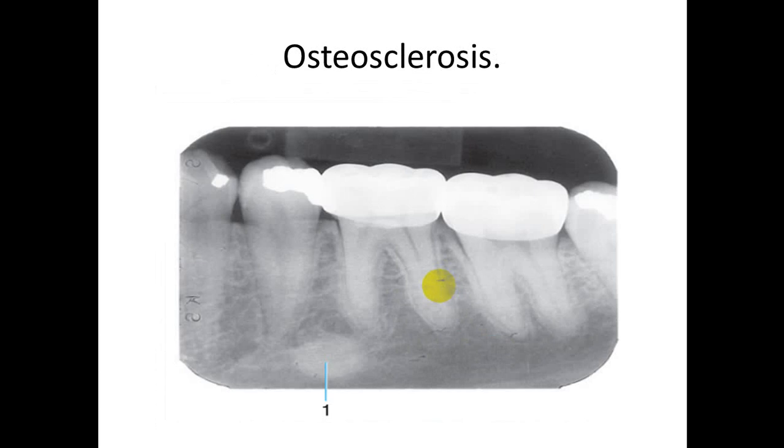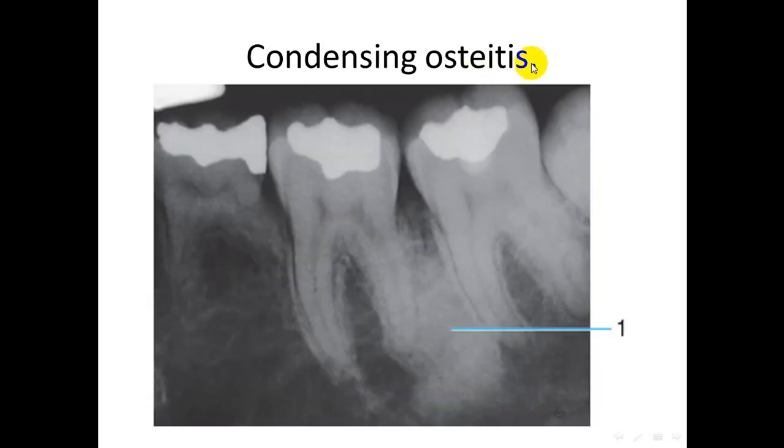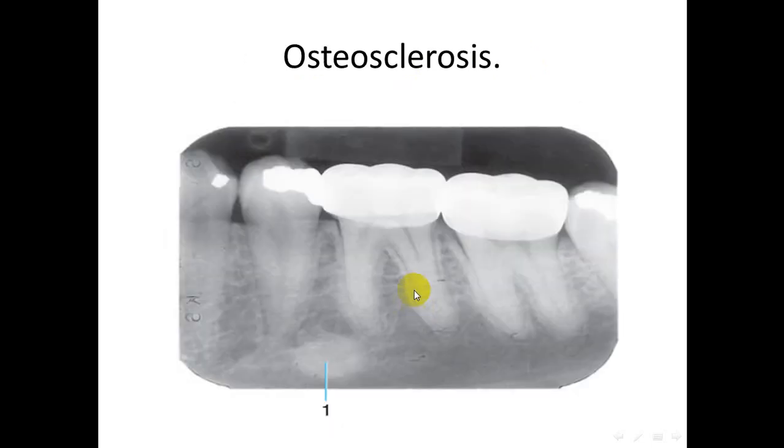Osteosclerosis is a diffuse idiopathic osteosclerosis which is not related to the tooth. Previously, condensing osteitis is related to some tooth, while osteosclerosis is not related to any tooth, just floating in the mandible.